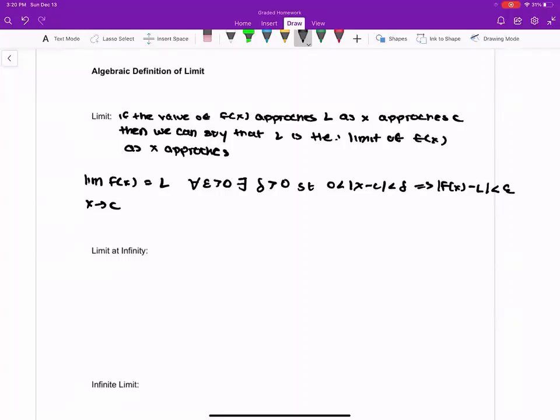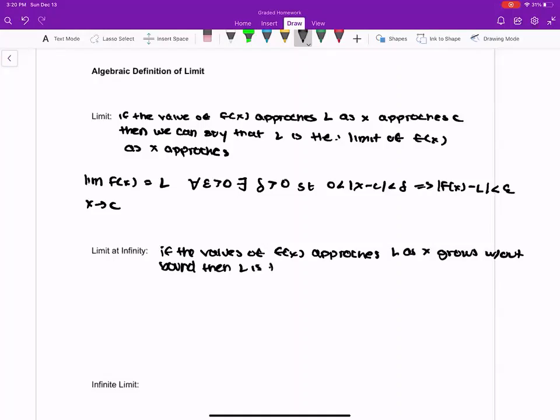For limit at infinity, if the values of f of x approach L as x grows without bound, then L is the limit of f of x as x approaches infinity, but I'll just not write that.